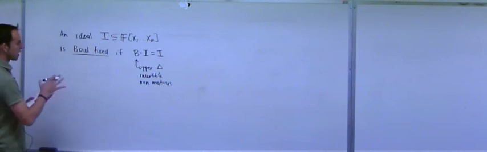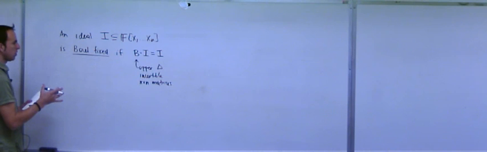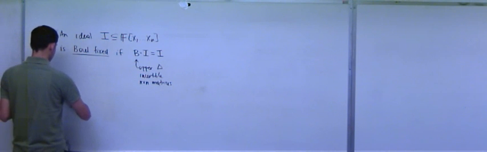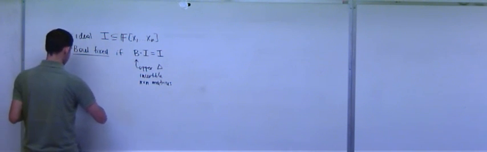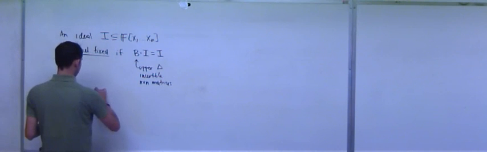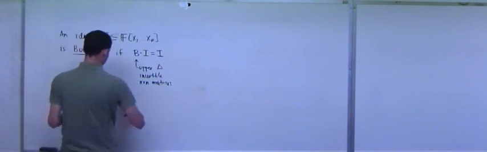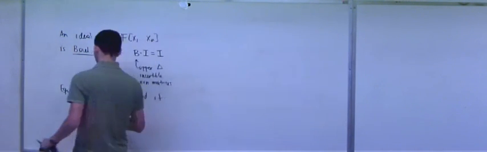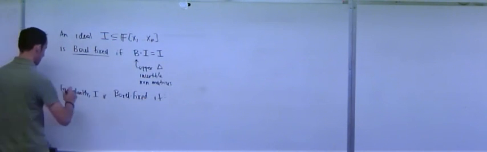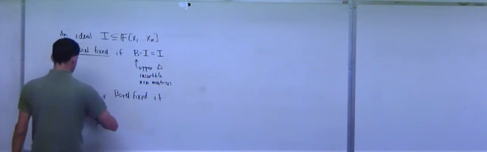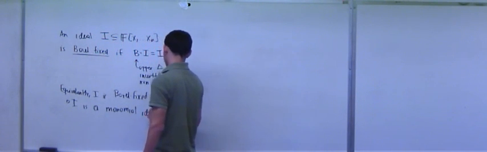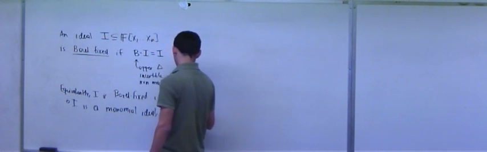But I gave you kind of a sketch of a proof of a more combinatorial description of what these guys look like. So equivalently, I is Borel-fixed if two things hold. The first thing is that I is a monomial ideal, and the second condition is the following.